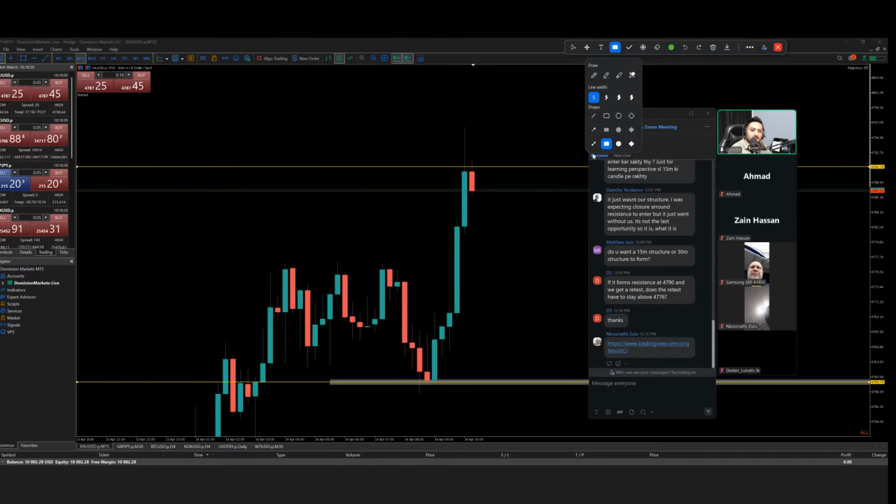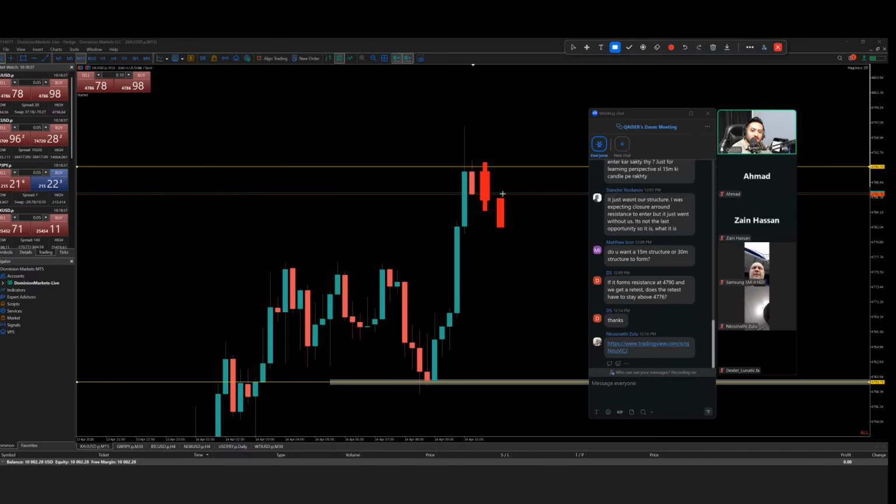Or if it continuously pushes to the downside, somehow like this, and then gives me some kind of a bullish candle with a strong body, this could be the beautiful buy, I would say. Gonna be a beautiful buy here. So just waiting right now, man. I'm just waiting.